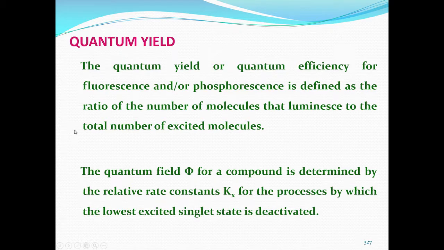During this crossover, we have seen earlier that there will be a number of molecules in the excited state, but all of them do not result in fluorescence. Lot of molecules will lose fluorescence by other means, which we have already discussed so far.